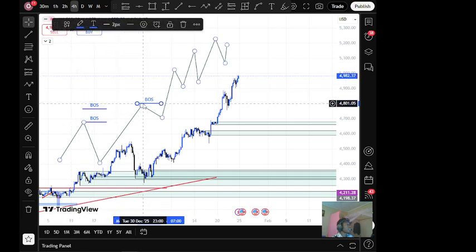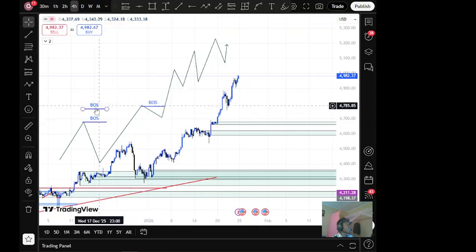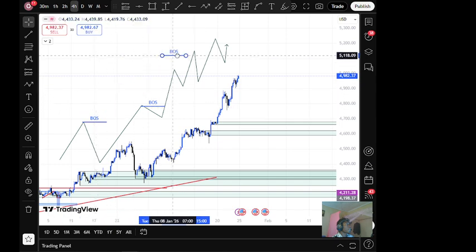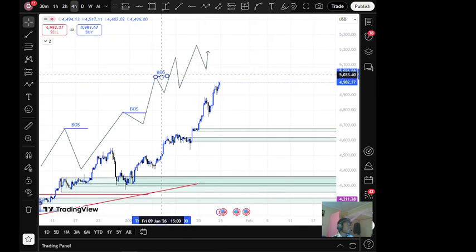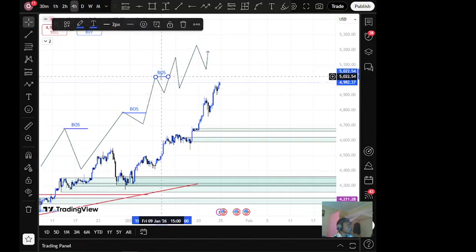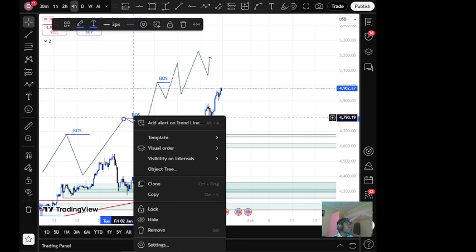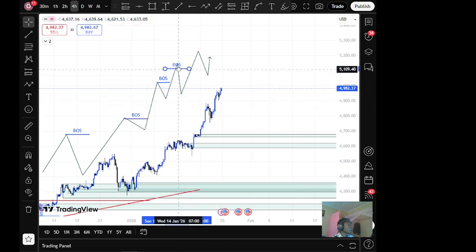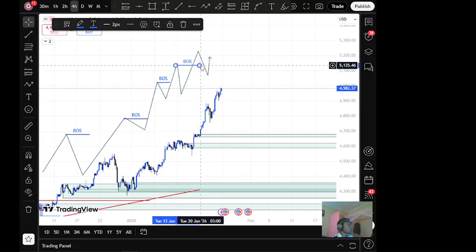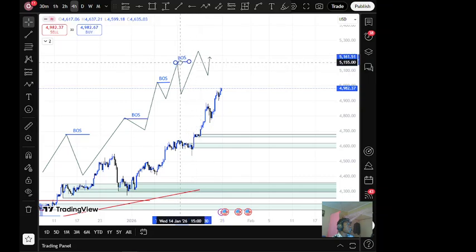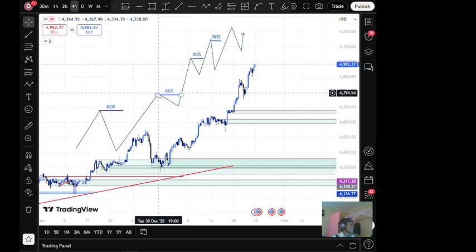This is also a break of structure. This one also is a break of structure. Sorry, guys, for my drawing. I'm kind of not good at drawing, but this one is a break of structure. Also, this one is a break of structure at this point.